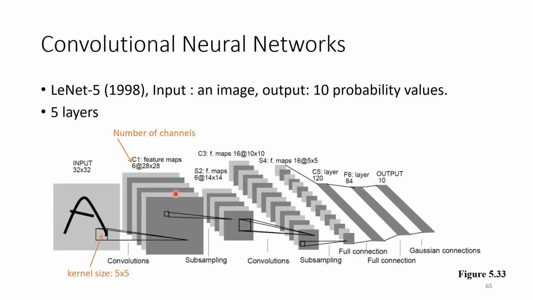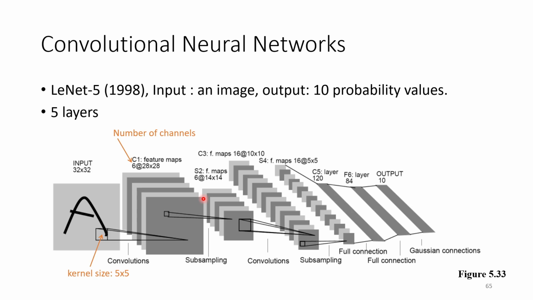However, for AlexNet, how is the feature extracted? The feature is extracted by the convolutional kernels. We don't design those convolutional kernels. We just ask the network to learn the kernels by itself.